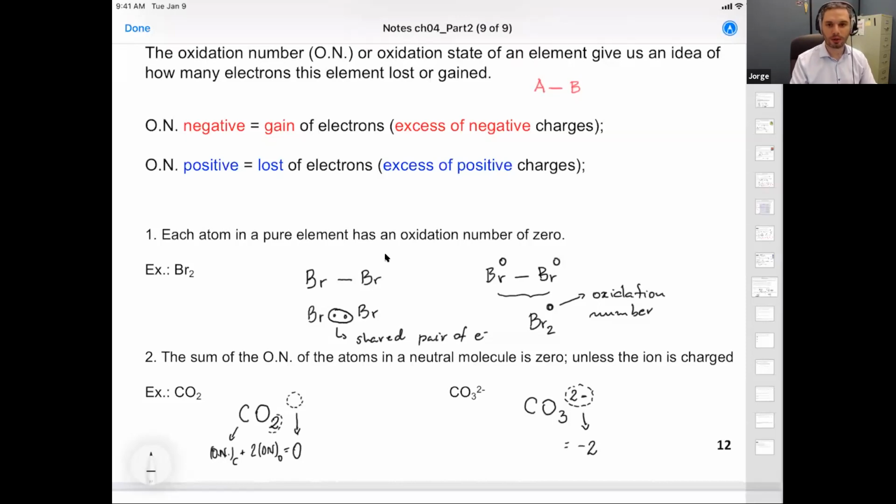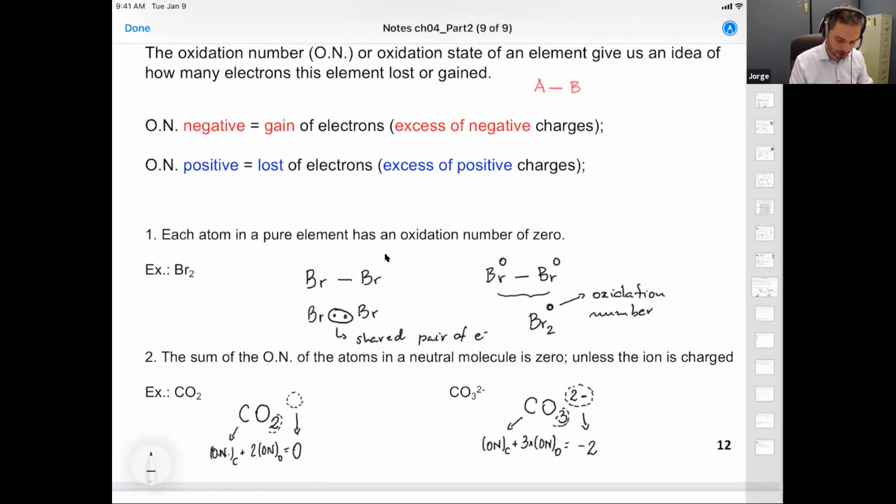So, in other words, if I add the oxidation number for carbon plus 3 times the oxidation number of oxygen, this has to be minus 2. Be very careful, okay?